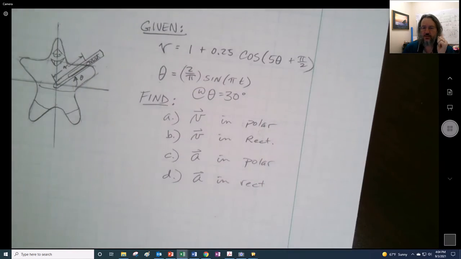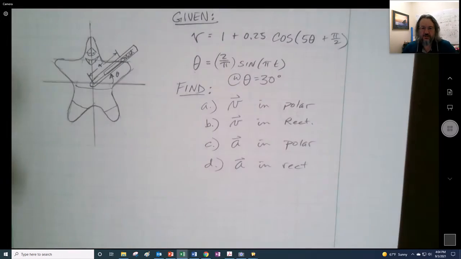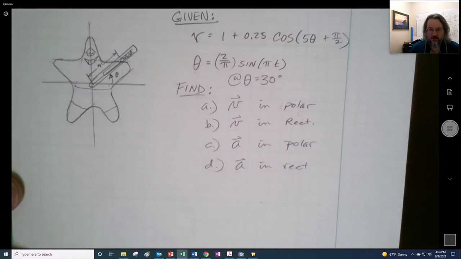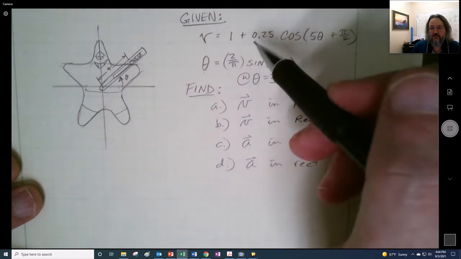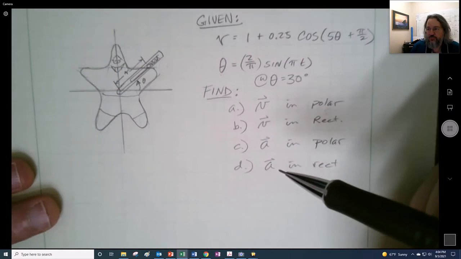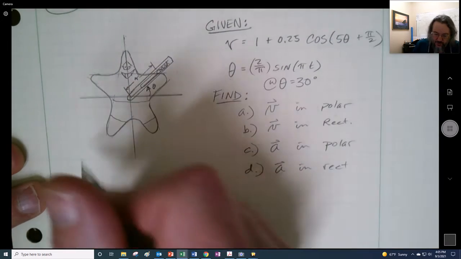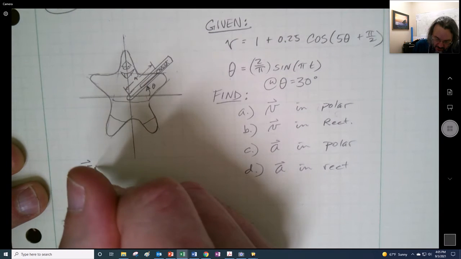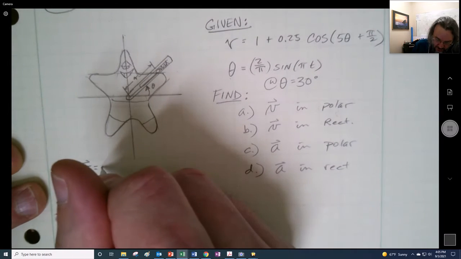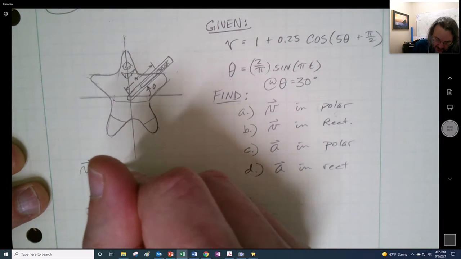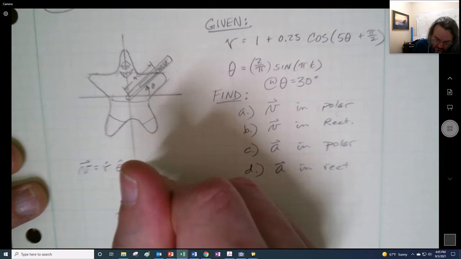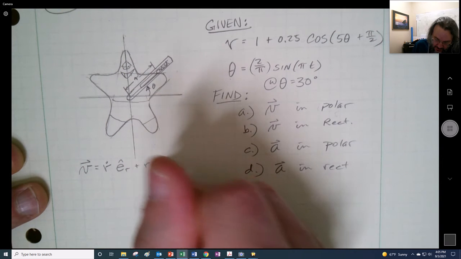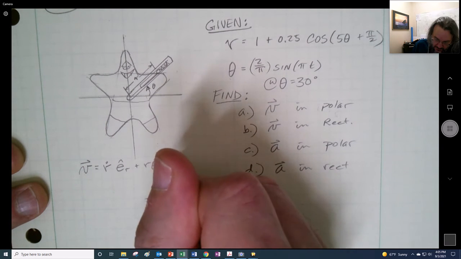All right, so here we go. Here's the procedure that we want to do. Our first goal is to get the variables of interest, and then we can plug them into the forms that we know, right? We know that the velocity in polar coordinates is r dot times e_r plus r theta dot e_theta.